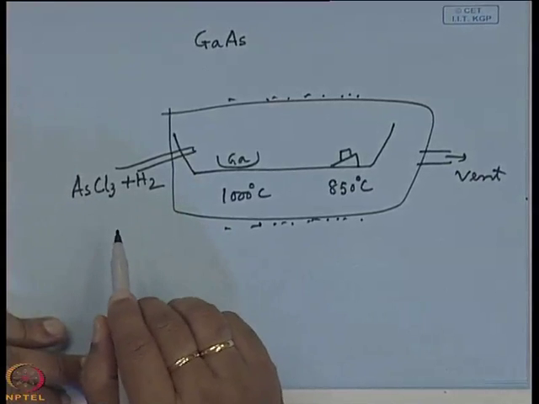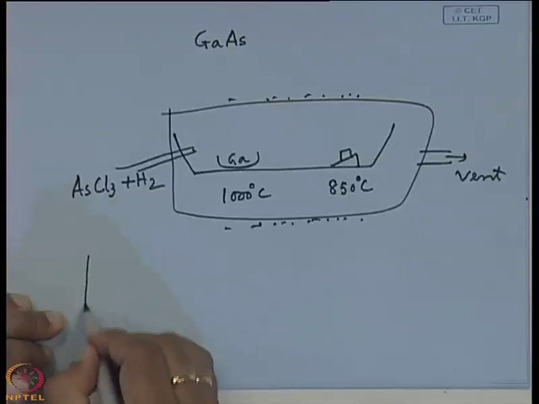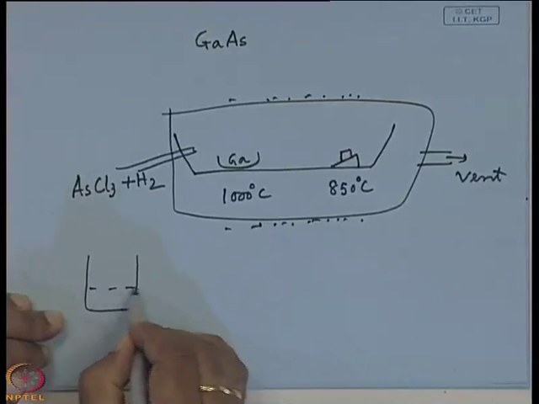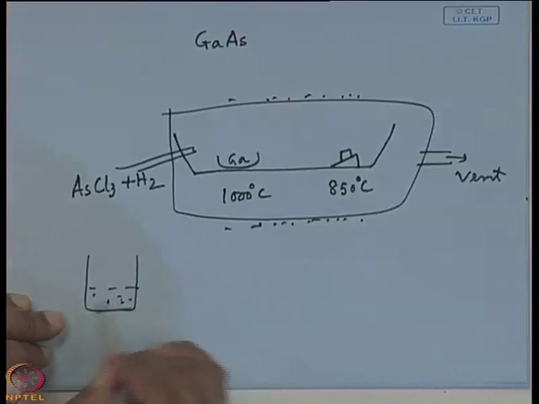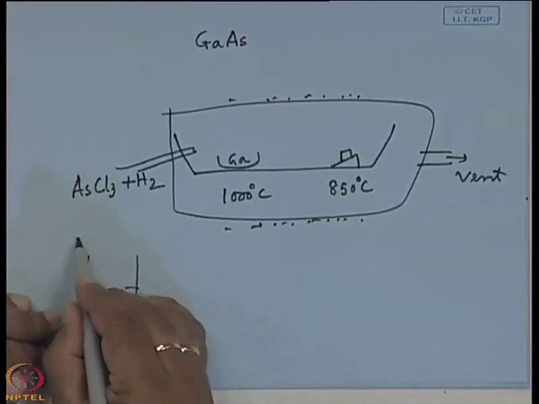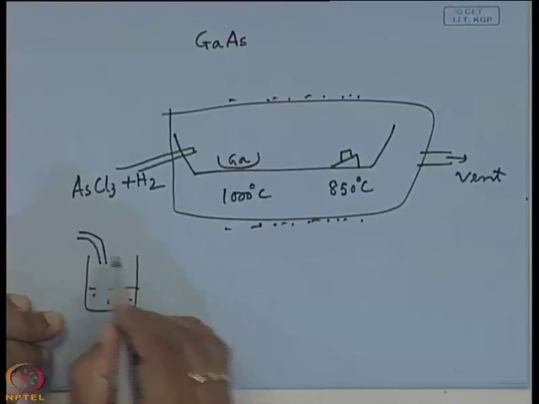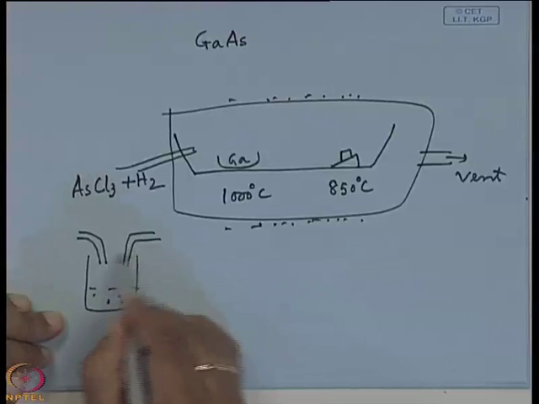Now, we have talked about a bubbler. In a bubbler there is one inlet and one outlet, and you can change the temperature. Okay. You put AsCl3 in the bubbler, there is one inlet, there is one outlet.